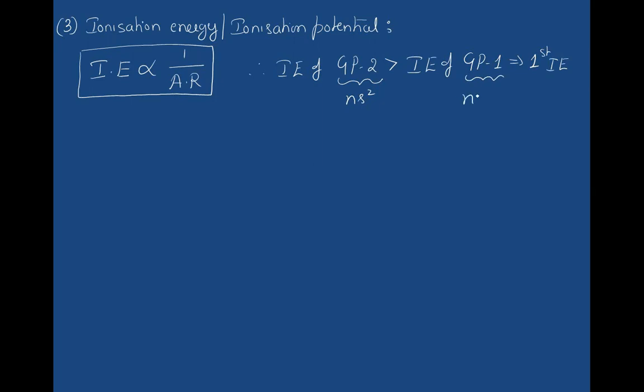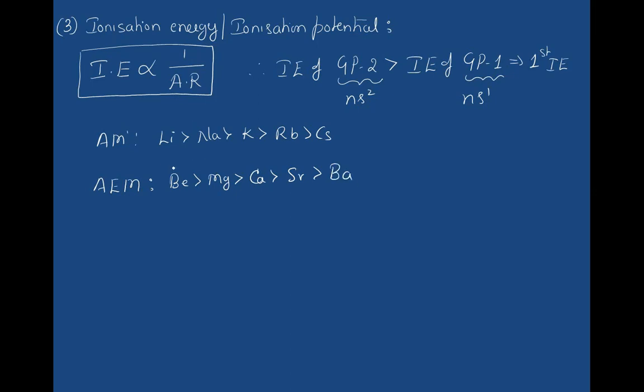With respect to alkali metals, I write lithium, sodium, potassium, rubidium and cesium. With respect to alkaline earth metals, beryllium, magnesium, calcium, strontium and barium. So beryllium possesses the maximum first ionization energy when compared to lithium.